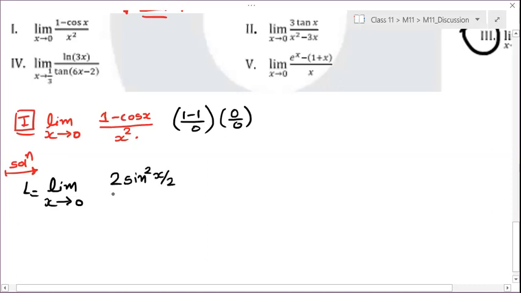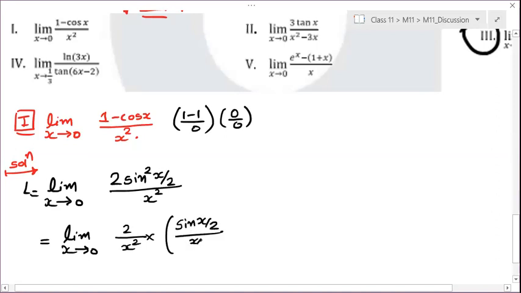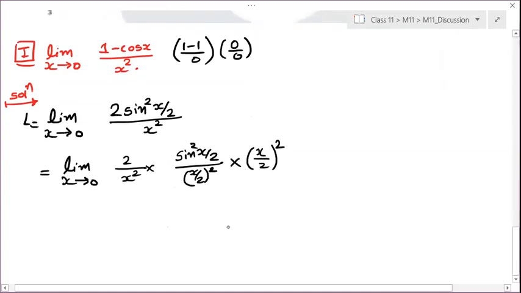Now divide by x square. If it is sine square x by 2, in its denominator it should be x by 2 whole square. So if I am dividing with x by 2, I should multiply with x by 2 whole square as well. So this limit will give me 1.